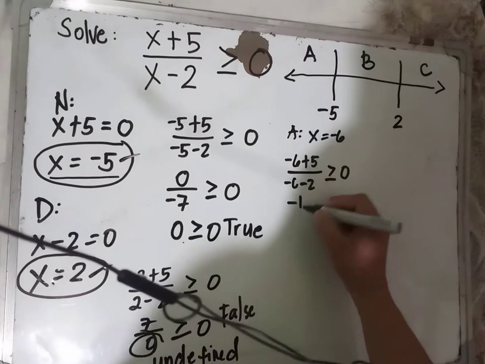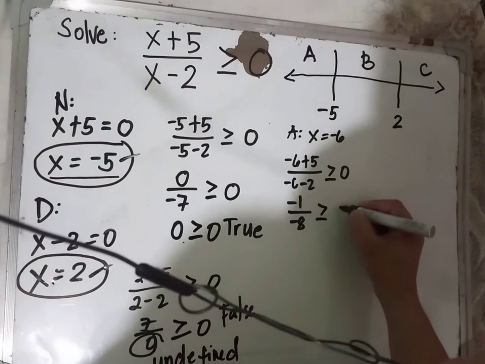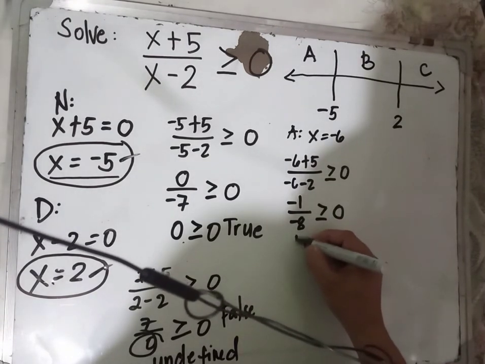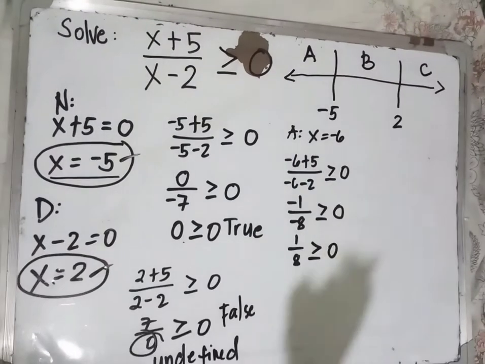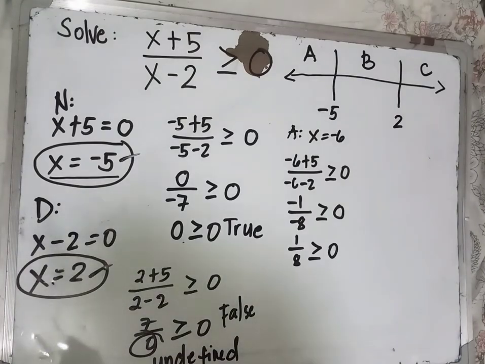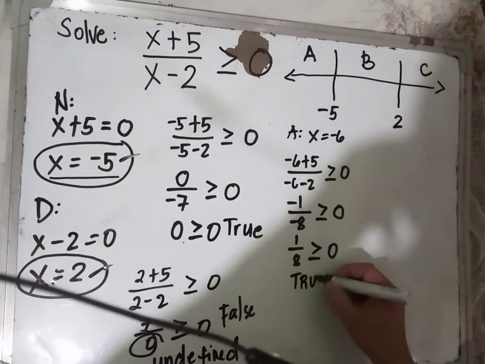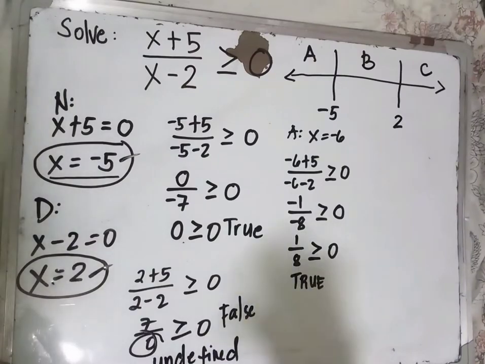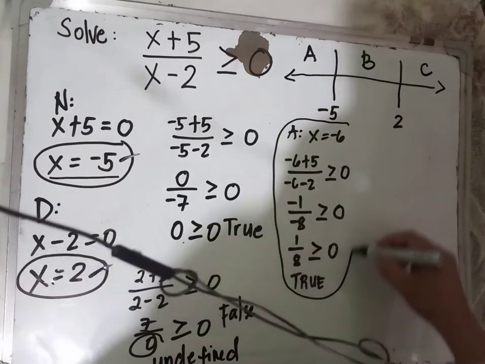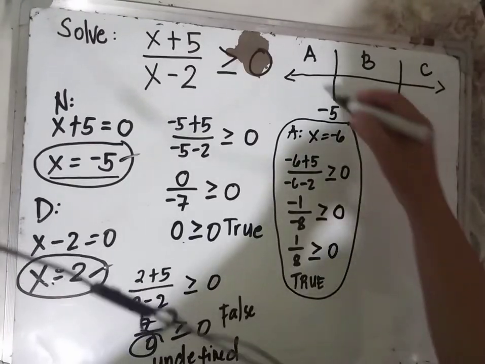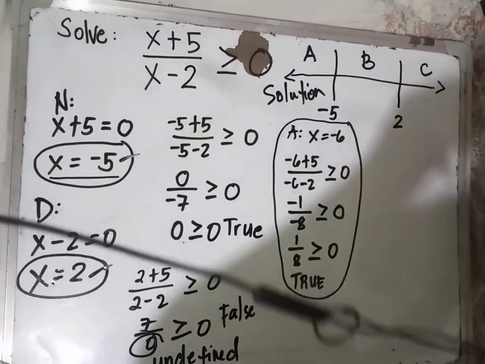So this is negative 1 over negative 8 greater than or equal to 0. So that is magiging positive ito, 1 over 8 greater than or equal to 0. True or false? Okay, that is true, kasi mas malaki talaga yung 1 over 8 or positive numbers kaysa 0. So interval A is part of the solution. Interval A. How about interval B?